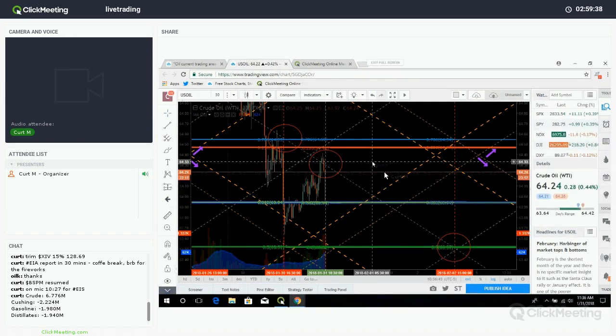So this is nice action here. It's getting right into the middle of the target now. So I might get that upper quad hit here.